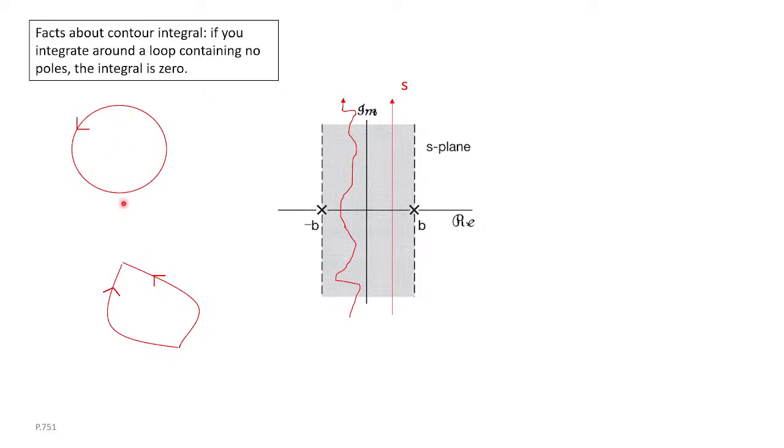That means that if you cut this loop into two parts, the left part and the right part, then this integration should equal this integration. So this integration should equal an arbitrary integration inside the ROC. You don't even need a straight line, just the integration from negative infinity to infinity.